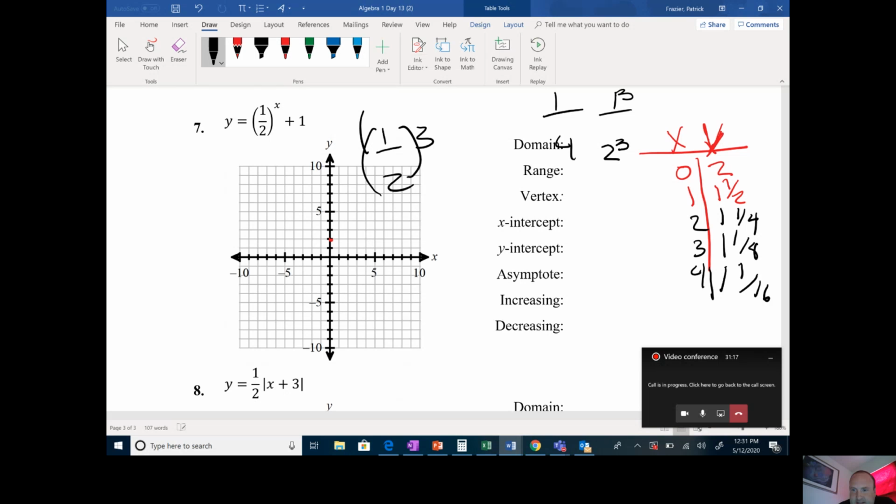So 1 and 1/16. And you might see the pattern now. So then ask yourself, is there a number this thing is approaching that it never quite reaches? So is there a horizontal asymptote? And also, what is the range going to be?